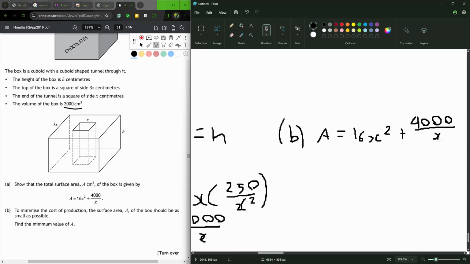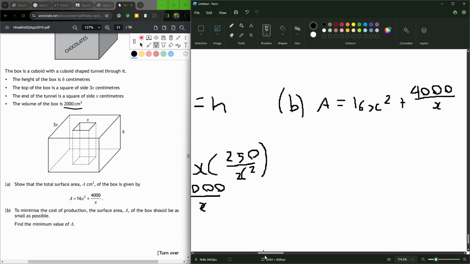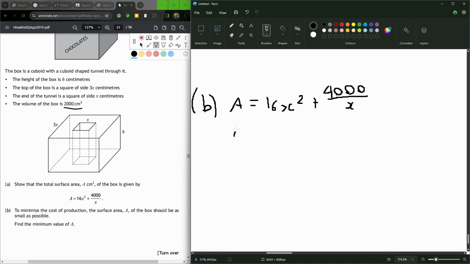And we're going to convert this into a slightly easier form to differentiate. So we essentially just bring the 4,000 down. And then we're going to differentiate it. So it would be dA over dx.